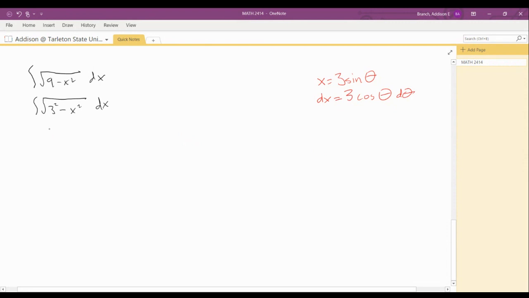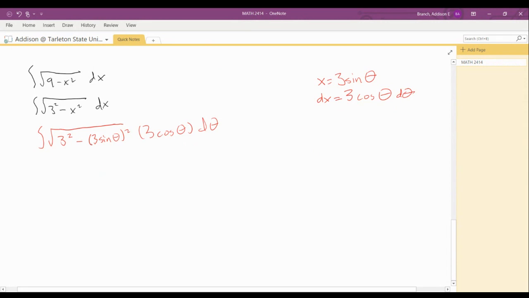So what we're going to do is have our 3 squared minus 3 sine of theta squared, times 3 cosine of theta d theta.